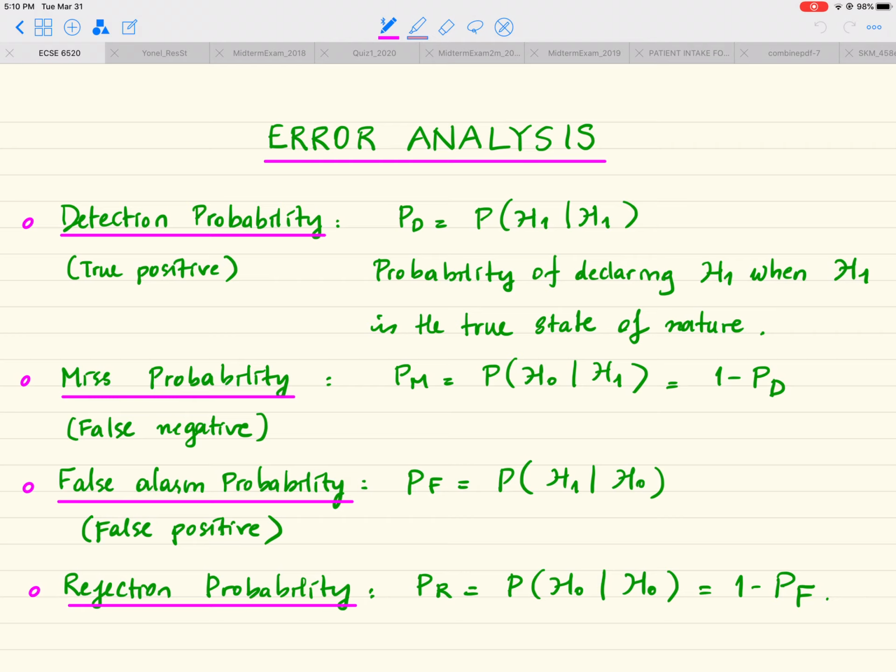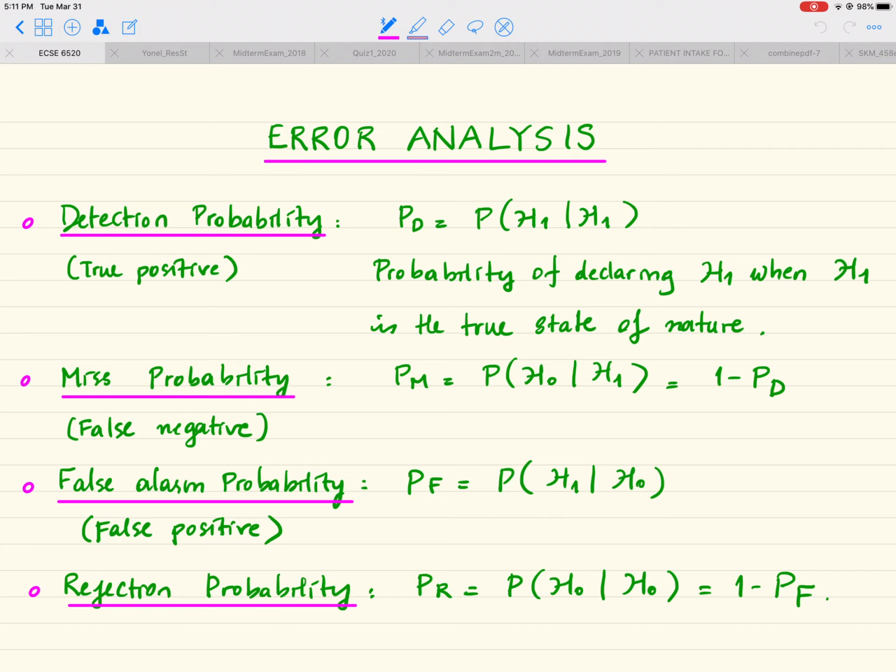And with 100% probability of detection, I will always detect the targets. So I will never miss a target. But on the other hand, I will also be doing 100% false positive. So I will be alarming all the time.